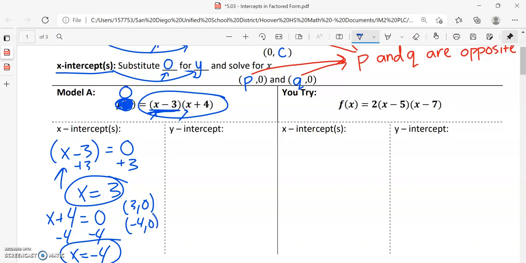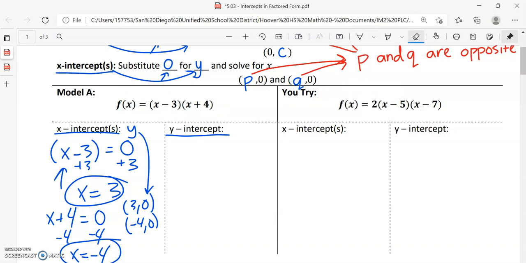Once again, when we're looking at x-intercepts, our y value is 0. The exact opposite is true for our y-intercept. We're going to set our x to be 0. So I'll do this in red, erase all that. For our y-intercept, x equals 0.